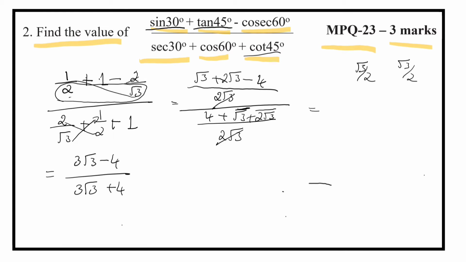Now rationalize the denominator, which means you have to multiply both numerator and denominator by 3 root 3 minus 4 upon 3 root 3 minus 4.